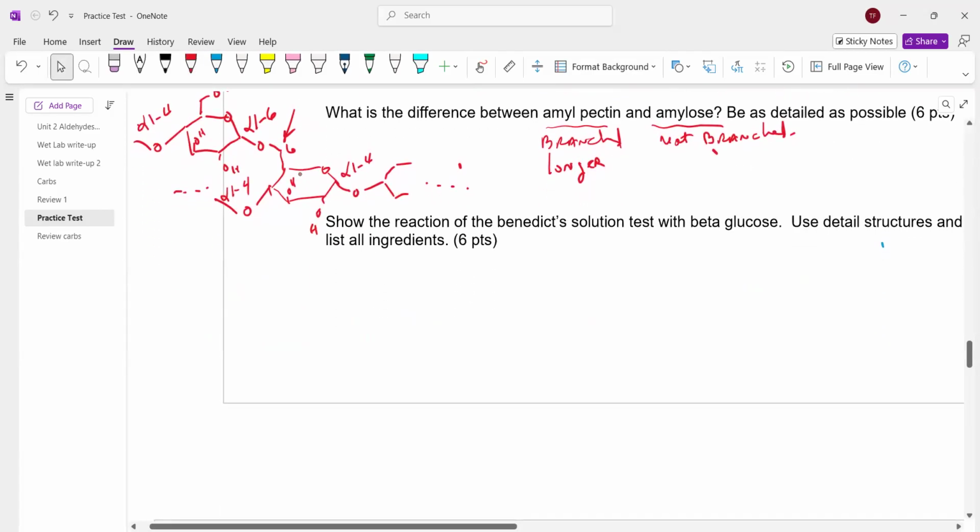Okay, so now we're going to take beta glucose through a beta Benedict test. Let's do Tollens instead. Okay, so we need to start with beta glucose.